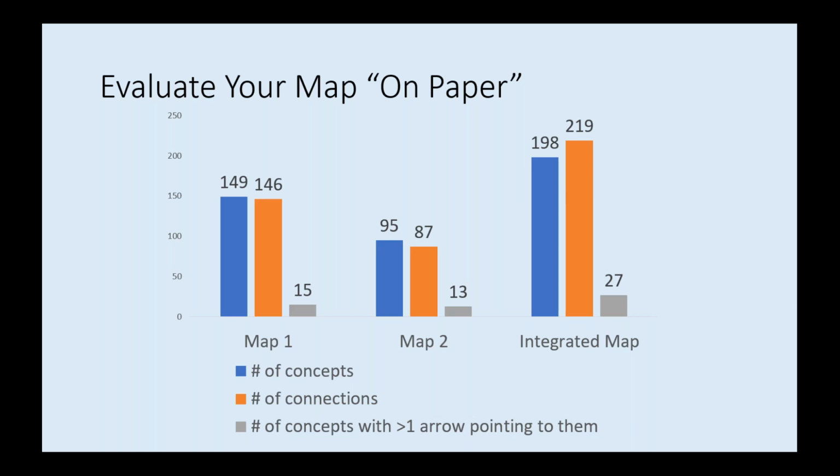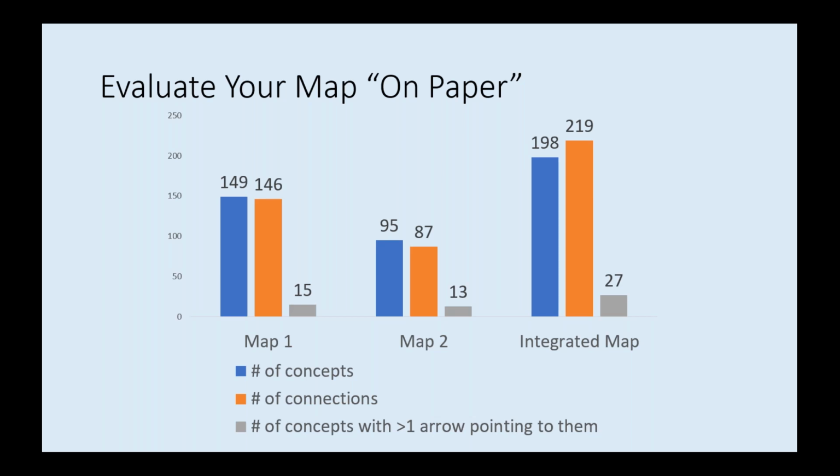So that gives us a broader breadth of understanding, where it's covering more of the territory that's important. It's looking at more of the relevant variables. And then the second key measure is the number of connections, and specifically the number of concepts that have more than one arrow pointing to them, because those show things that are better understood. That's the gray bar, and the orange bar is the number of connections.